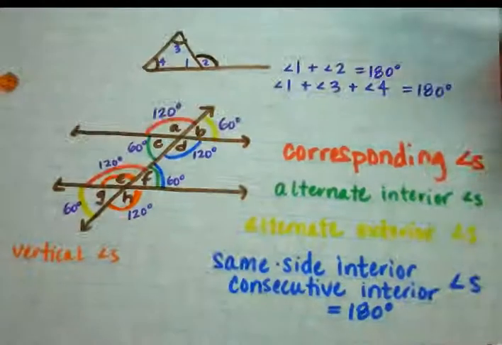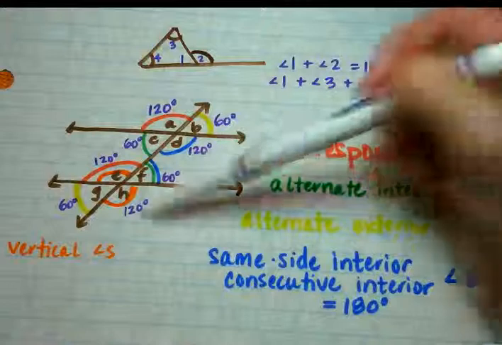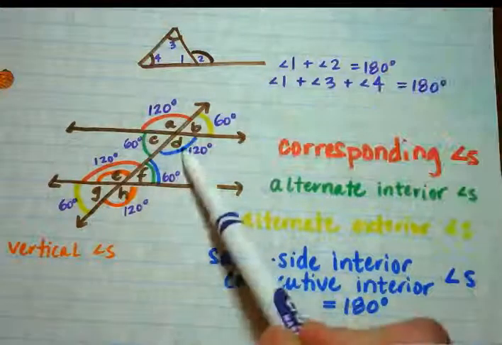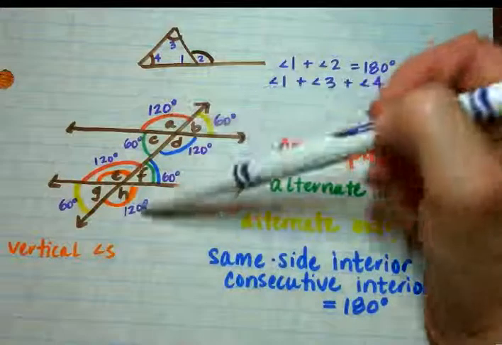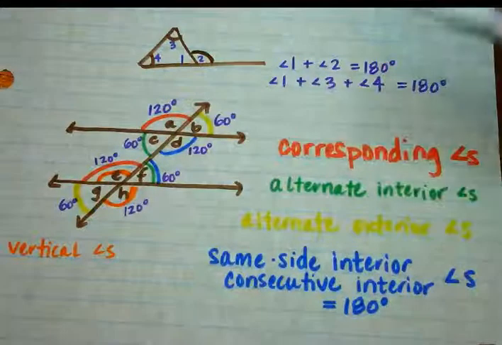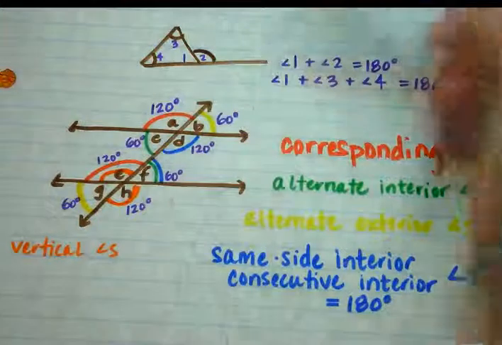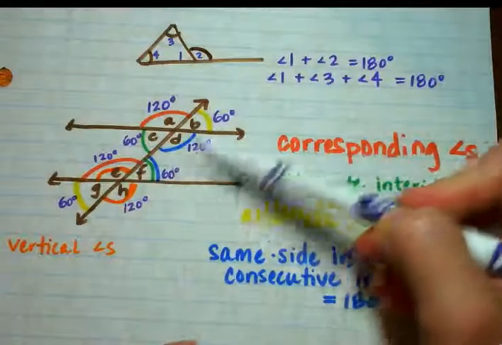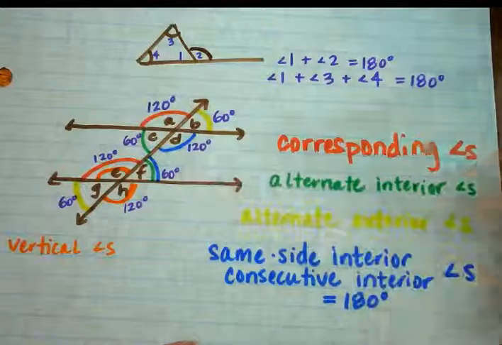So now you can see that the angles that are corresponding have the same degrees. The alternate interior angles have the same degrees there and there. The alternate exterior angles have the same degrees there and there. The vertical angles have the same degree there, there, there, there. And then the same side interior or consecutive interior angles add up to 180 degrees.